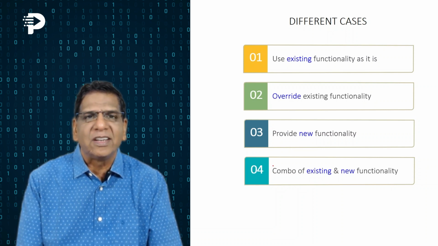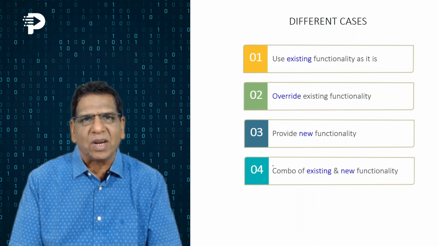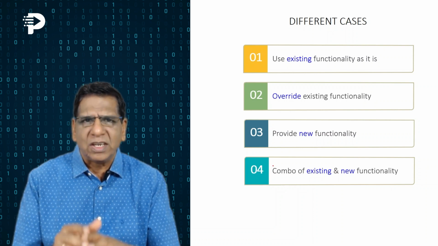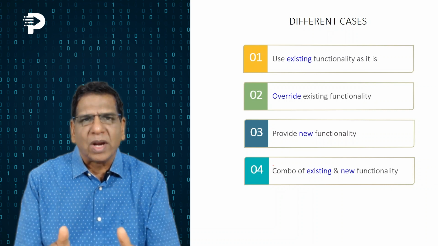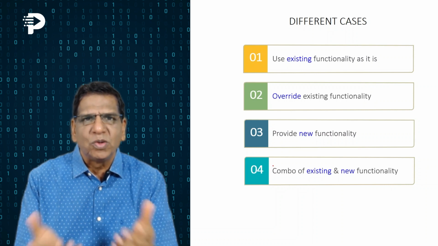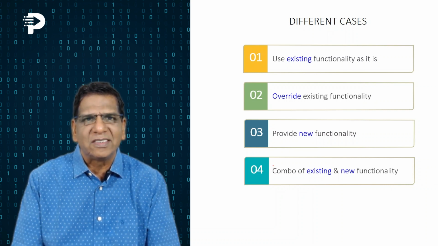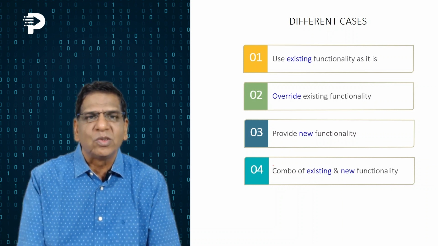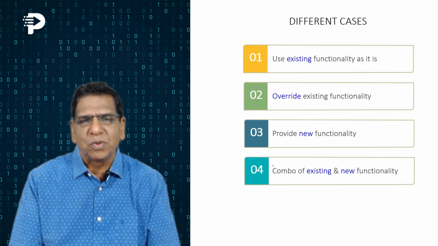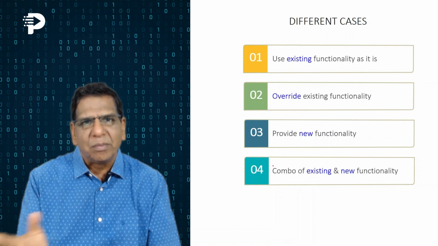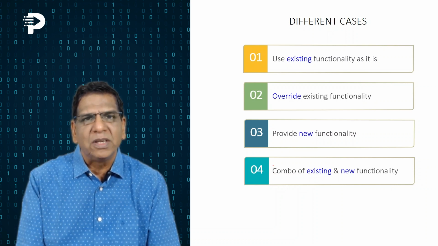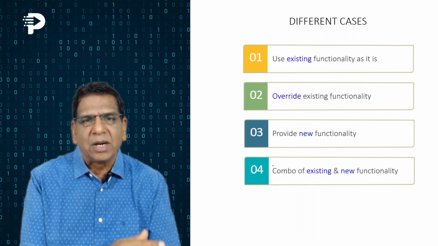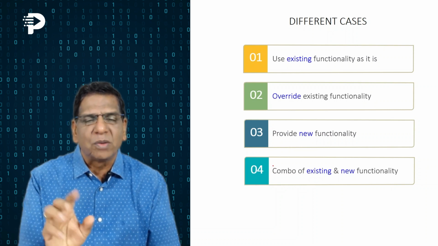That is why inheritance is so popularly used in Java programs. Because in any program of reasonable complexity, you would be required to make use of inheritance. And while doing so, these four options are available at your disposal. You can decide which one of these are to be used depending upon their relevance for your particular problem.